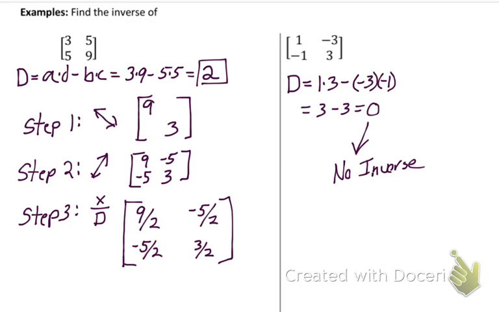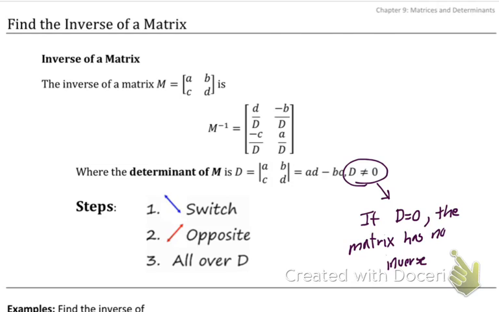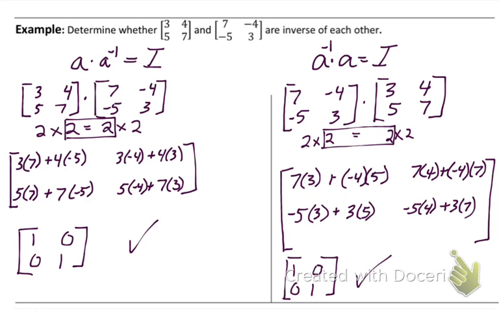So make sure you're fully aware that if D equals 0, you don't have to do any more work. Okay? If you didn't know that, you might still try to do work in here, and it'll be a waste of time. So the big two things that you need to recognize for today is that if I ask you if two things are inverses, you have to go both directions.